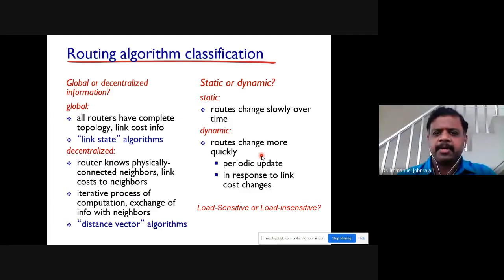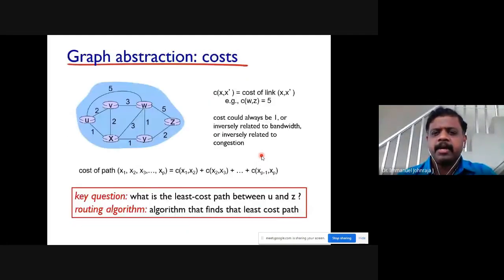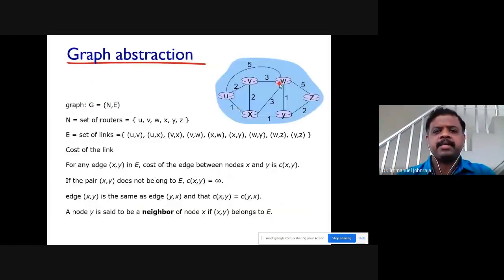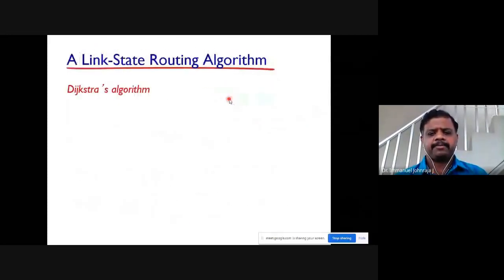If you take this path U X Y W, P of W, that is the predecessor of W, is Y, not Z or V or X. Who is the immediate predecessor? It is Y. So from U to go to W, the path cost is 3. The predecessor of W is Y, predecessor of Y is X, and predecessor of X is your source node U itself. So that is what your capital D and small p are.